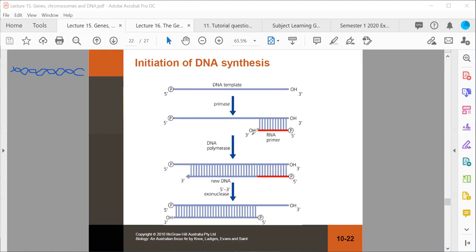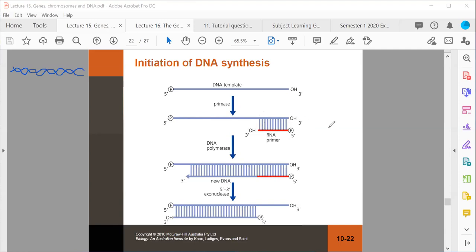And what's important is the ends. So we can see here a 3' hydroxyl group and a 5' phosphate group here. And you can also see that these ends are opposite to the ends of the DNA.